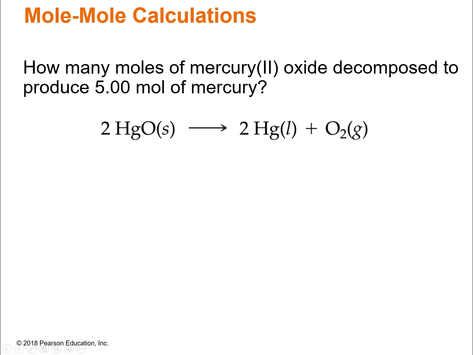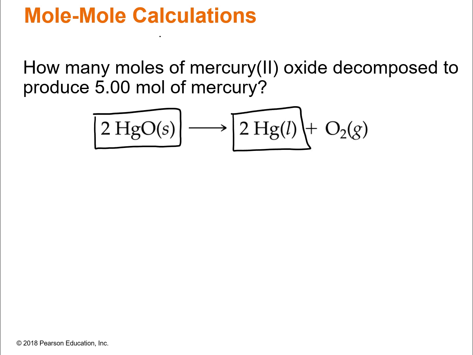So I want you to try it on your own. How many moles of mercury 2 oxide decomposed to produce 5 moles of mercury? So I'll get you started here. We're looking at these two.